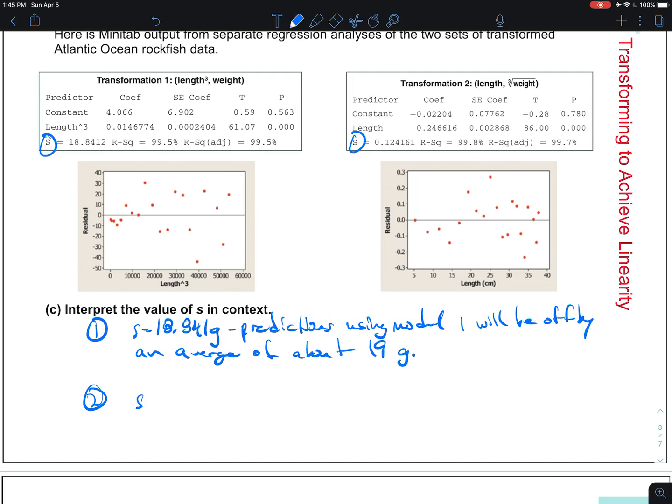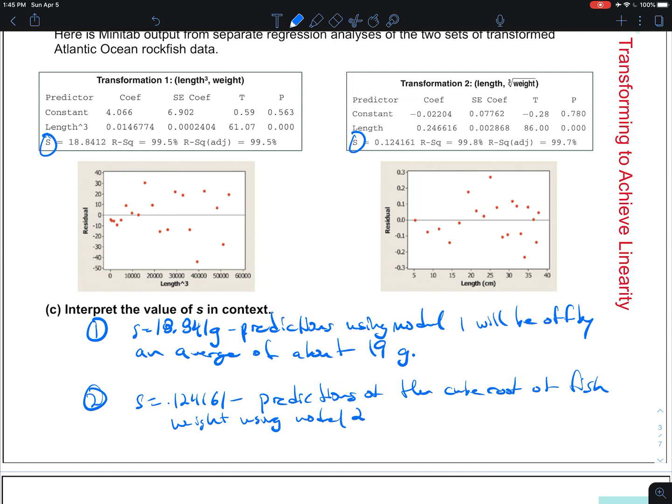And then for number 2, where S equals 0.124161, we would say predictions of the cube root of fish weight using model 2 will be off by an average of about 0.12.